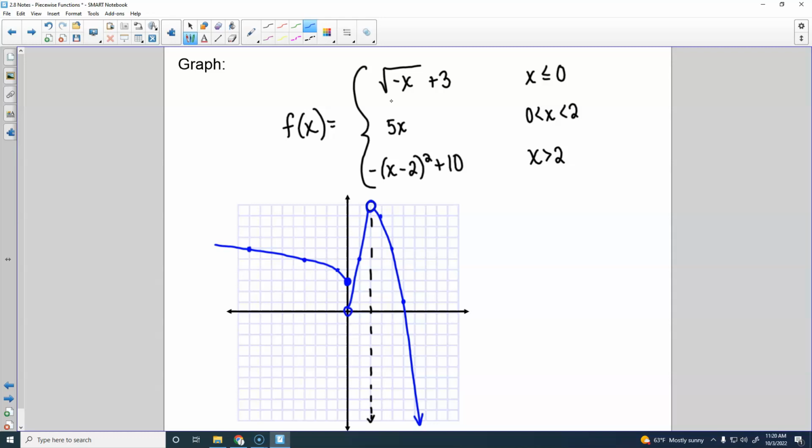Then we would have -4 plus 3. I skipped all the way to 4 because I don't know the square root of 2 or 3 without a calculator. So I skipped to 4, I got 5, then I skipped to 9 because I know that square root, and that's how I got those exact points.